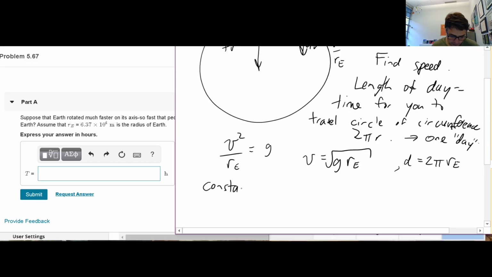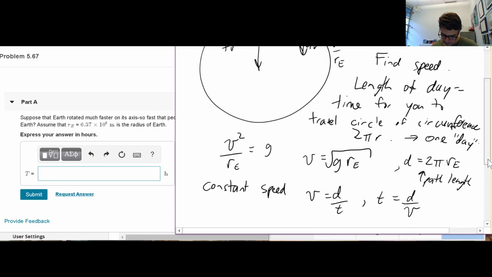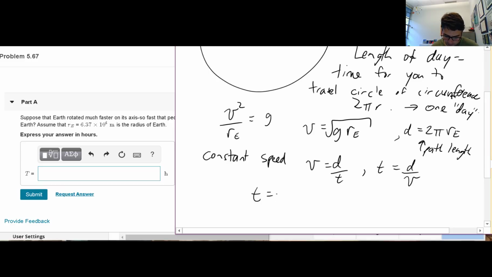So the equation of constant velocity, or constant speed in this case, for a path length, is just going to be v is equal to the distance divided by the time. We're trying to solve for the time. The time is equal to the distance divided by the speed. So time is equal to 2 pi times r sub e divided by the square root of g times r sub e.